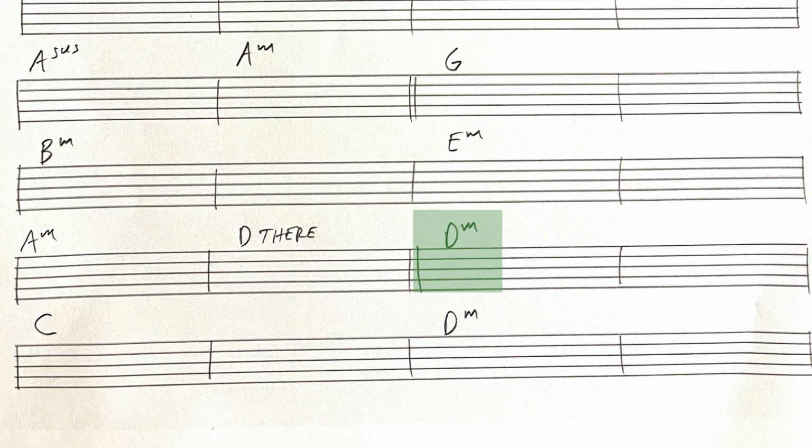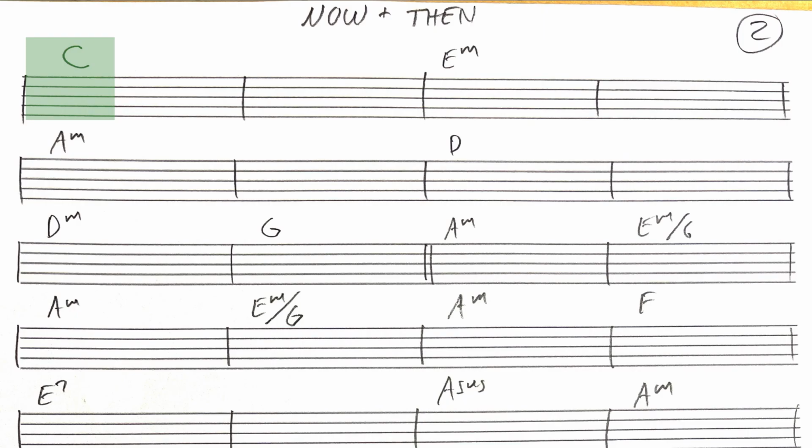And then this is where he plays the slide guitar solo that sounds like Harrison. And it sounds like we're in the key of C now, just going back and forth between the 1 and the minor 2. Then we go to E minor.